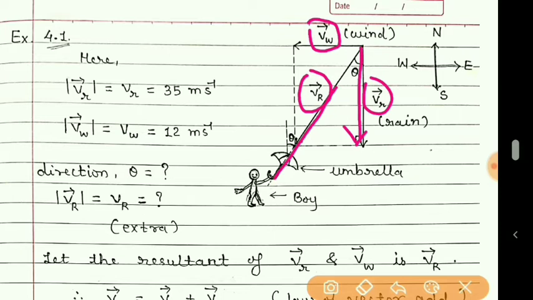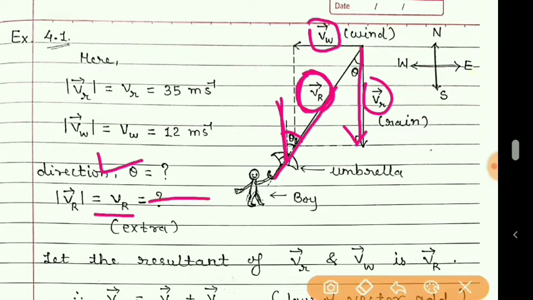So at what angle he should put his umbrella, that we have to find. Here we have taken that angle as theta. We want to find this angle, and the resultant effect of that rain is also to be obtained.